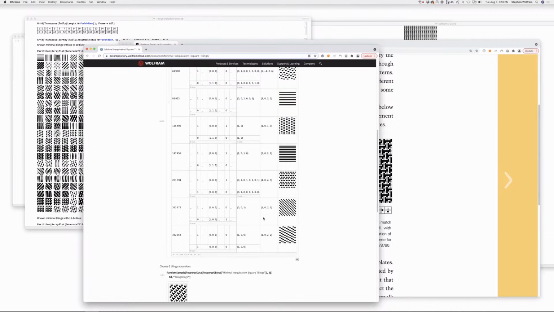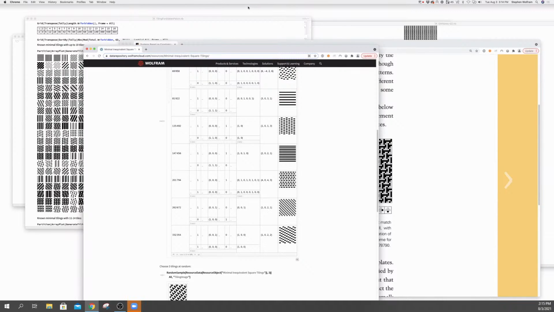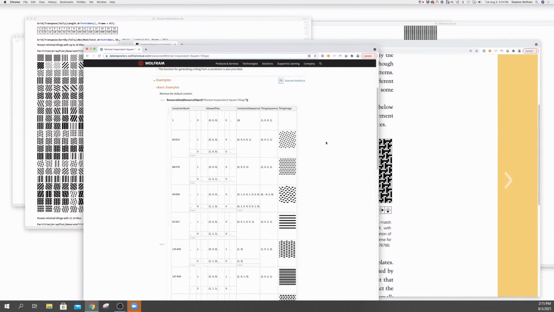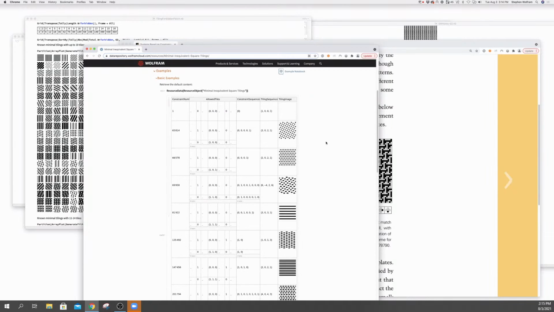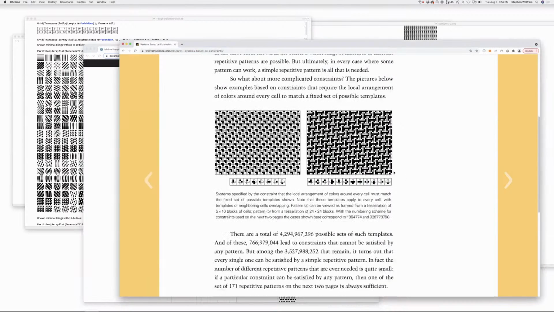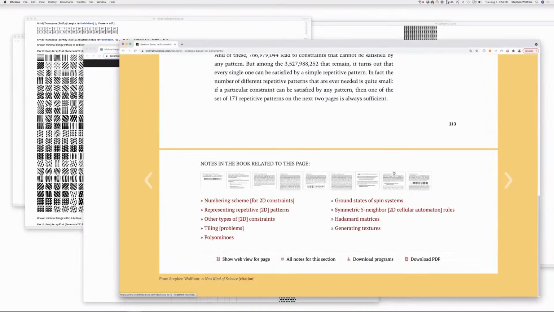I think that's what this is all about, the squares with notches issue. Well, there may be an offset. Yeah, that might be the offset. Let's go find out. I'm pretty sure there's a note in the NKS book about how this works.